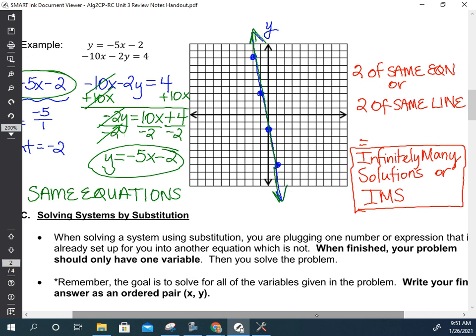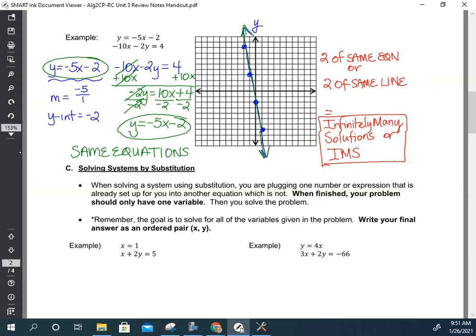So that's my advice to you. Take it for what it's worth. Any questions with solving systems by graphing?